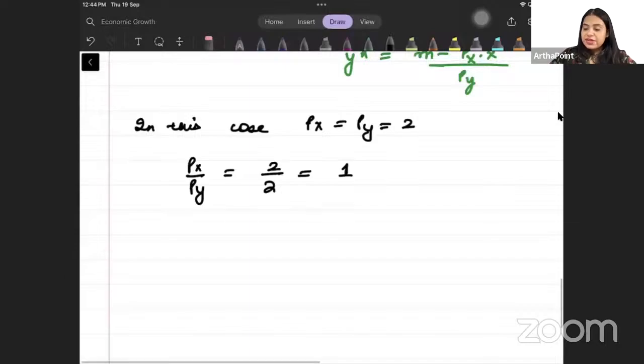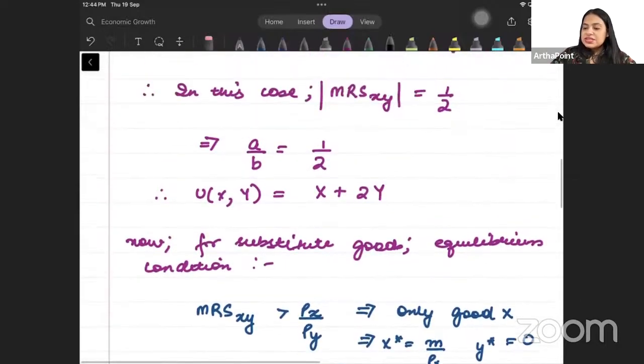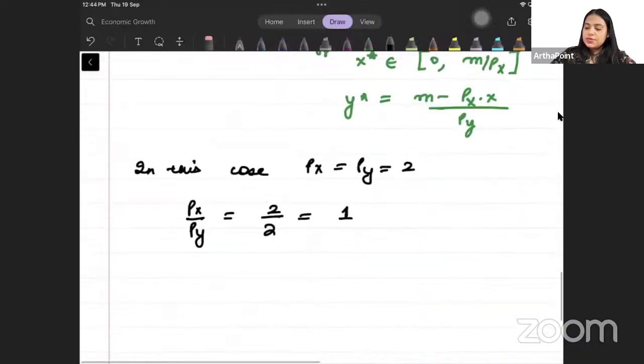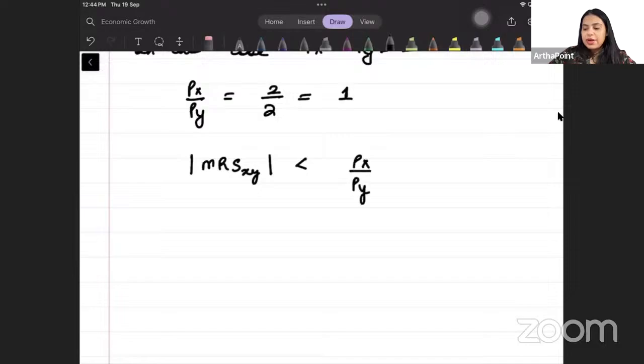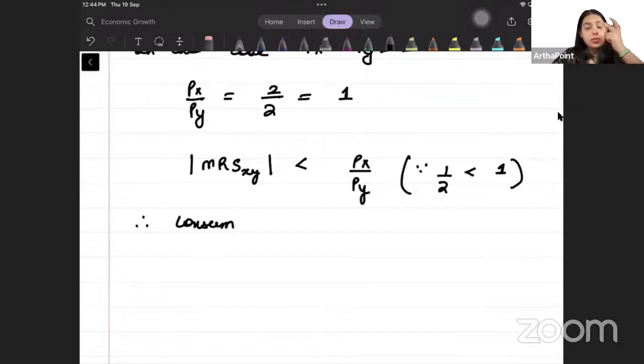What is your MRS given in absolute value? MRS is given as half. Okay. So MRS, we will always compare in absolute value. MRS, which is half, is less than Px by Py. Therefore, since half is less than 1.